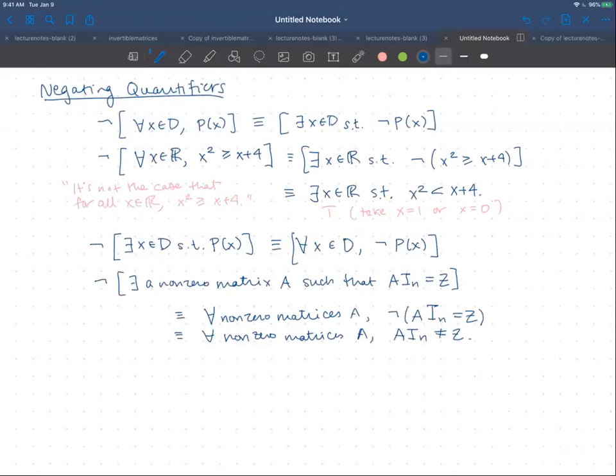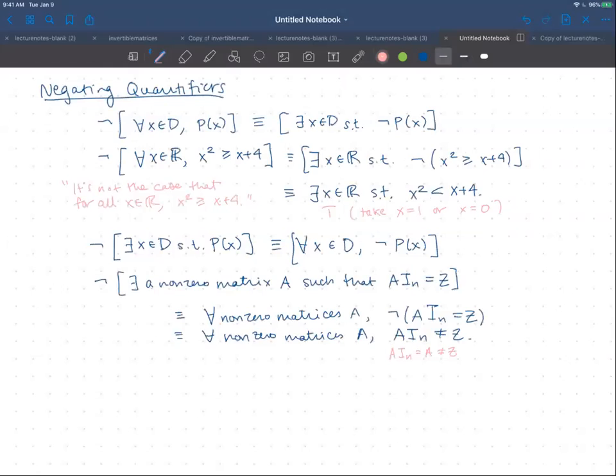The statement for all non-zero matrices A, A I_N is not equal to 0, that's easier to show is true because the definition of the identity matrix is I multiply it by A and I get A, and A is not 0, right? So to prove this wouldn't be so bad. We'd say A times I_N is equal to A, which is not 0, by the domain of discourse that we picked, non-zero matrices A.